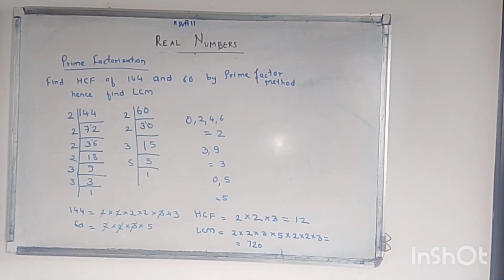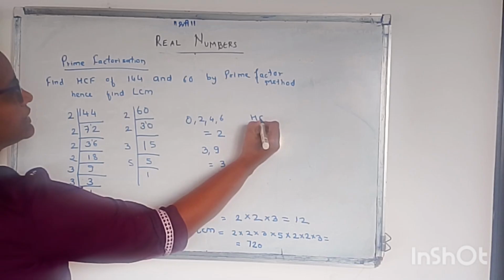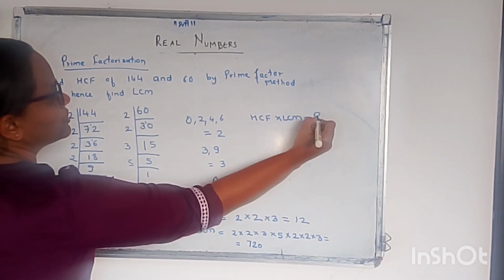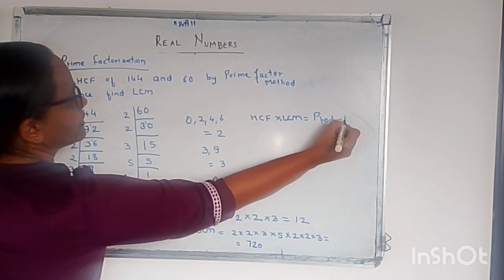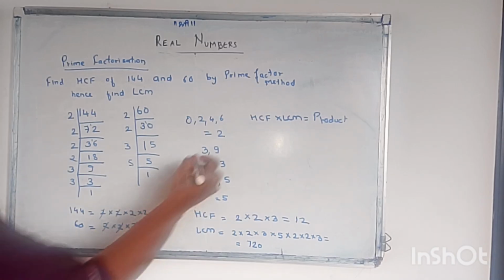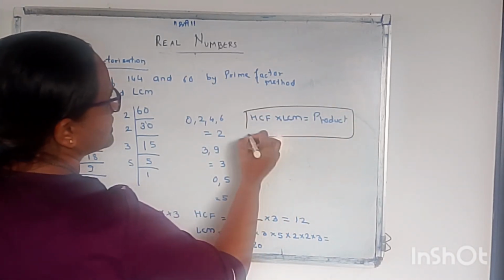Okay. There is another method to find HCF and LCM. HCF multiplied by LCM is equal to the product. This is a shortcut method. Please learn this carefully. HCF multiplied by LCM is the product.